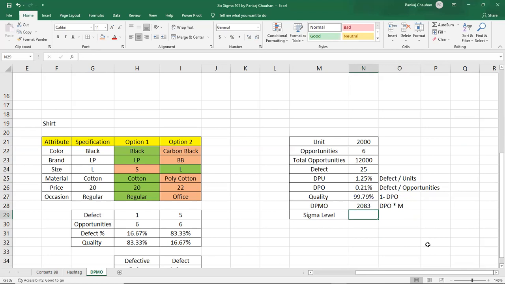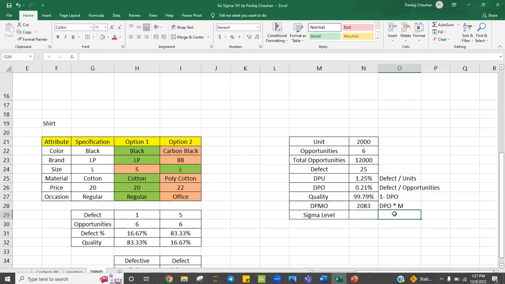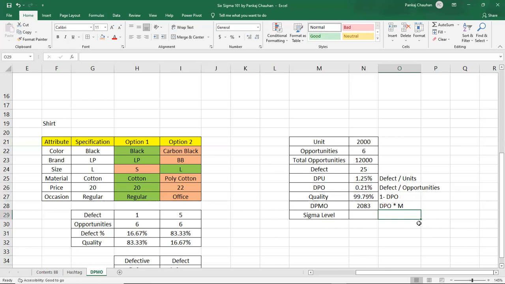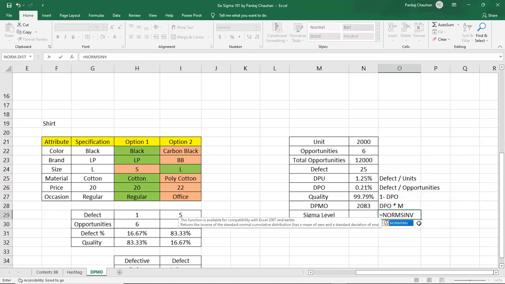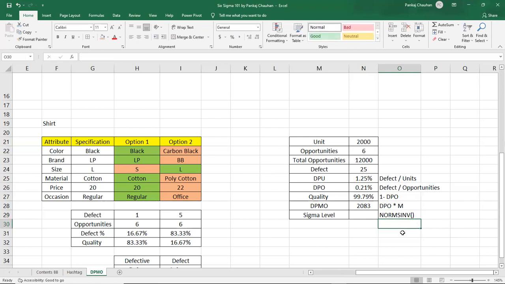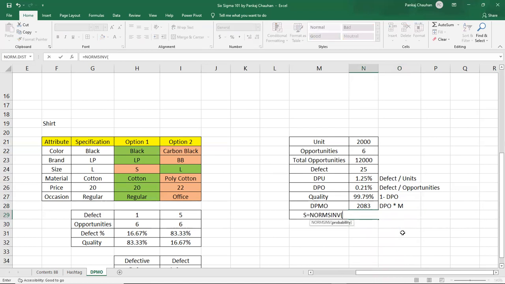You already know the formula: when you take the probability and put it into the formula NORM.S.INV, here it is asking for the probability. Probability is around 99.79%. So if I put this probability value in this formula, I will get my sigma level. Let's see here, NORM.S.INV. I select 99.79%. So my sigma level of the process is 2.86 sigma.